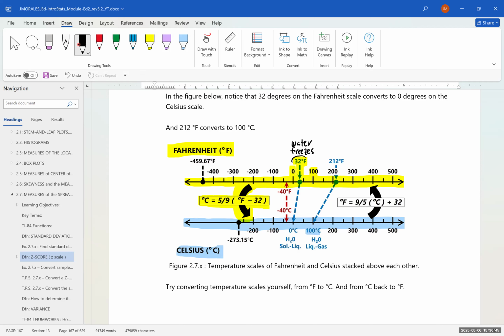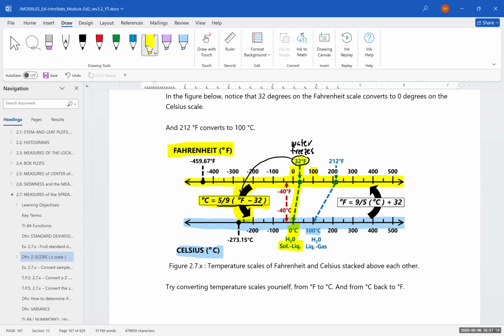We can take 32, plug it in as an input here for degrees Fahrenheit, and when we simplify the expression on the right-hand side, 32 degrees Fahrenheit converts to 0 degrees Celsius. So 0 degrees Celsius is also the temperature at which water freezes.